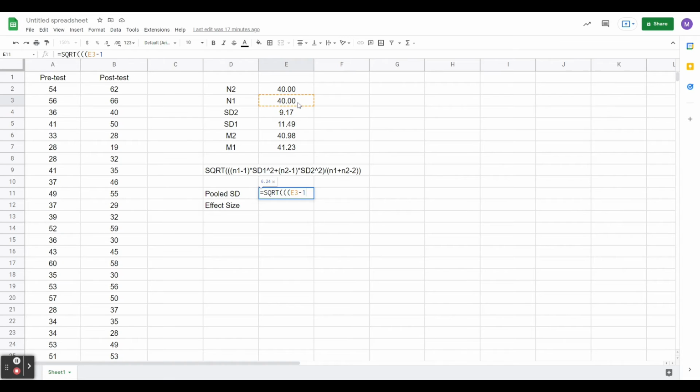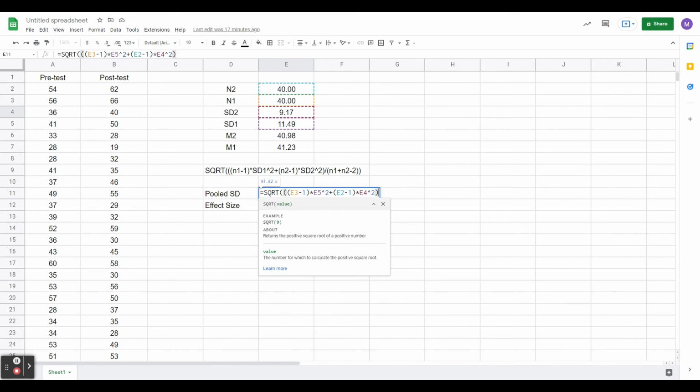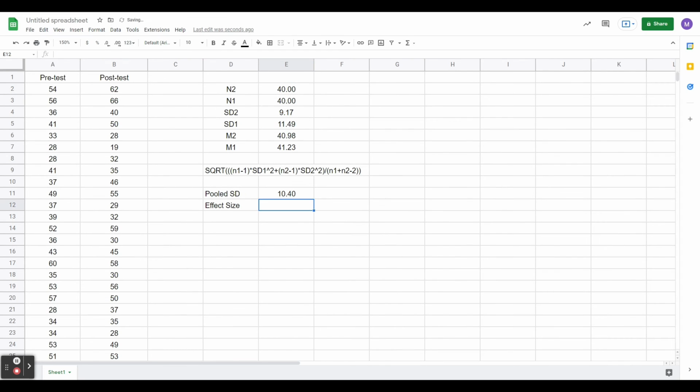N1 minus 1, close parentheses, times SD1 squared plus, open parentheses, N2 minus 1, close parentheses, times SD2 squared, close parentheses, divided by, open parentheses, N1 plus N2 minus 2, close parenthesis, enter. The pooled standard deviation is 10.4.